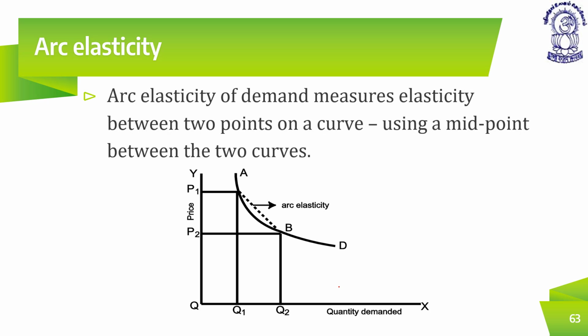The next topic is arc elasticity. How do we measure arc elasticity? Basically there are 2 points, point A and point B, and there is an arc over here. What is the elasticity of this arc?